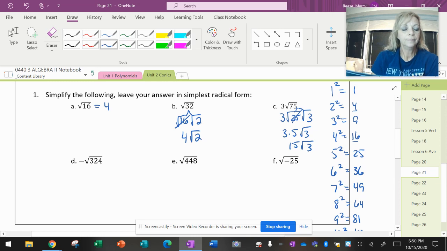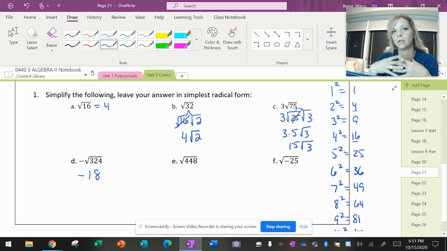Okay. The square root of negative 324, it's a huge number. Believe it or not, that's a perfect square. So the square root of negative 324 is negative 18, because 18 times 18 is 324. Now, you wouldn't know that without a calculator, so you got to use your calculator to manipulate it a little bit.